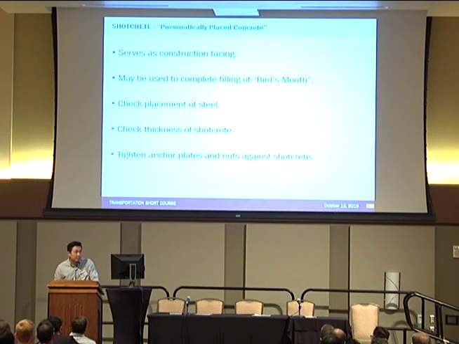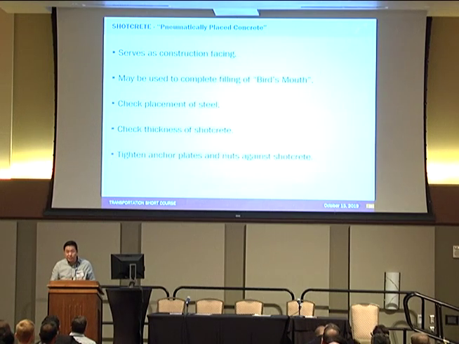And shotcrete, pneumatically placed concrete, serves as a construction facing. So the shotcrete or PPC can be used to fill the bird mouth as well. Before shooting the shotcrete, make sure that the proper reinforcement is placed.